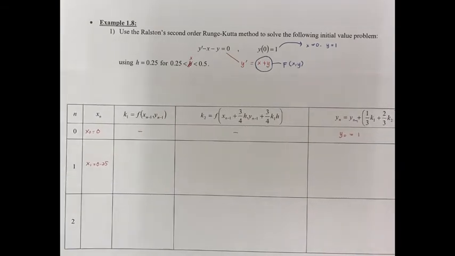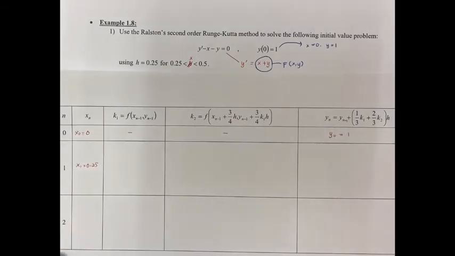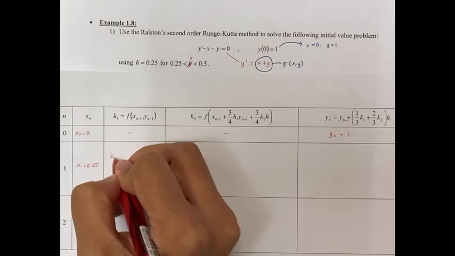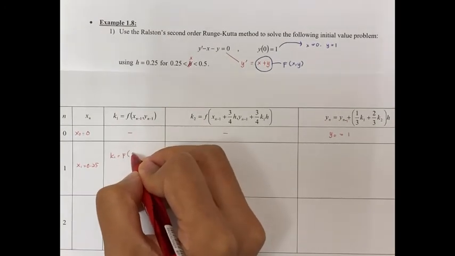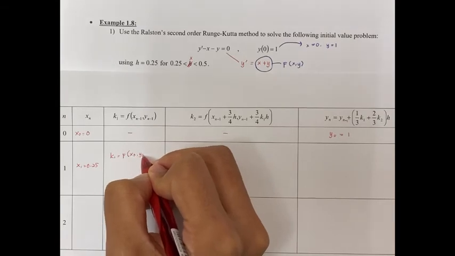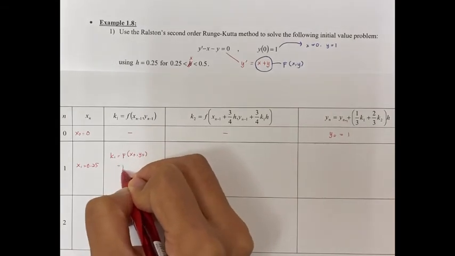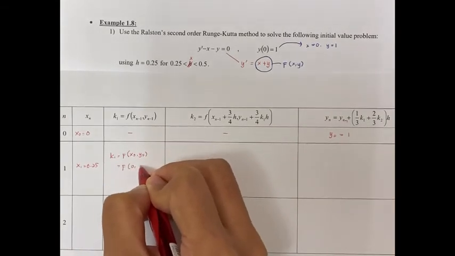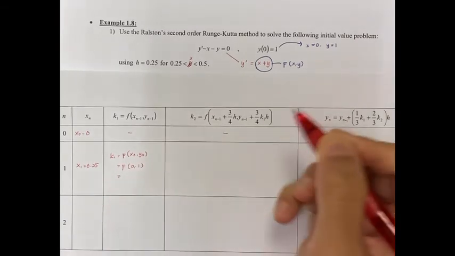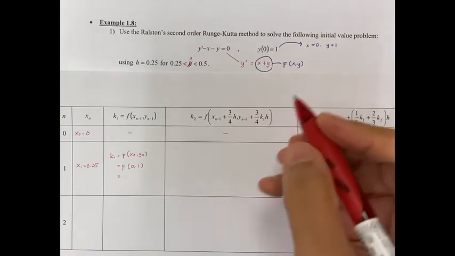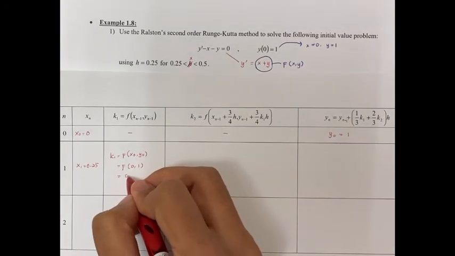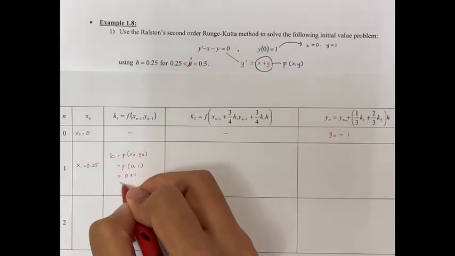Then for k1, you know that k1 is equal to f of your previous x0 and y0. For f(0,1), refer to f(x,y). Your f(x,y) is x plus y, meaning that you have 0 plus 1, and your k1 is 1.